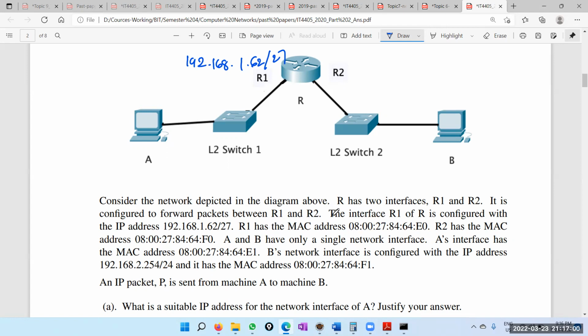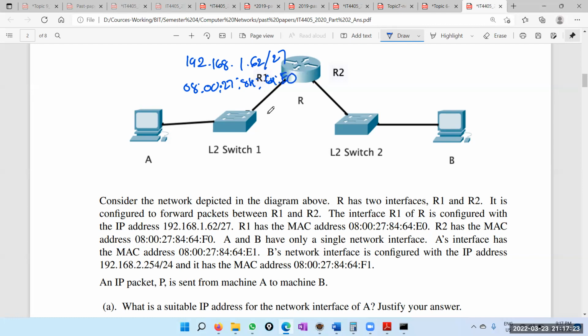R1 has a MAC address. Obviously, it can have a MAC address also. 0800 27 84 64 and E0. Okay.